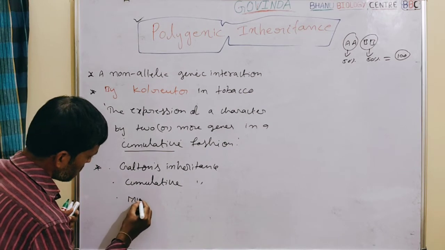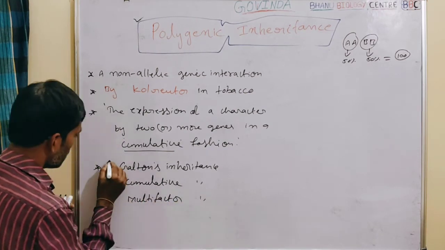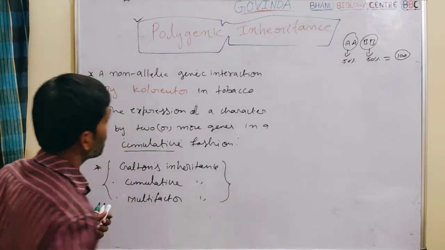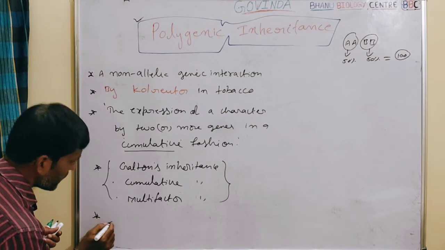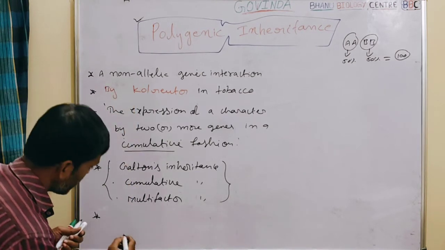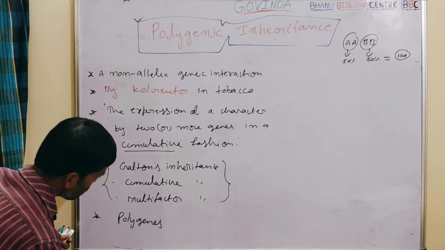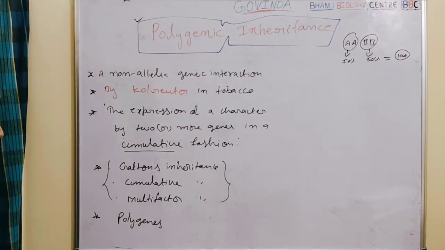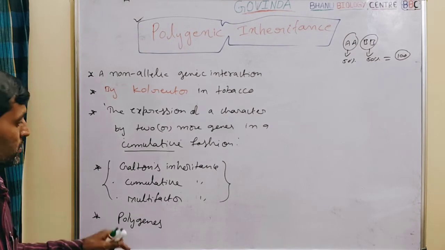The another one is multi-factor inheritance. These are the three other names for polygenic inheritance. Then genes involved in the polygenic inheritance are called polygenes because more than two genes are involved in controlling the expression of a character. So the genes are called polygenes.